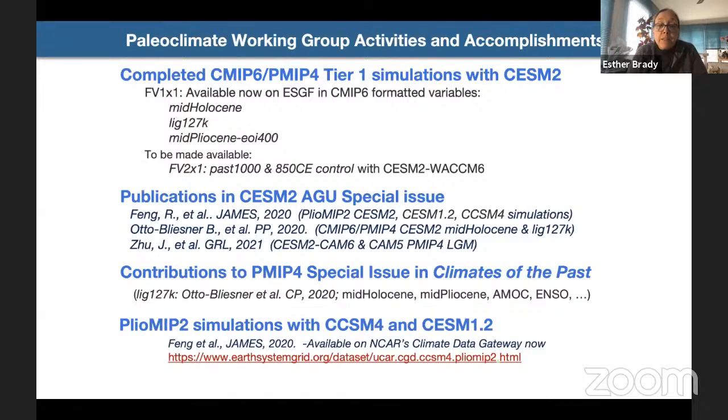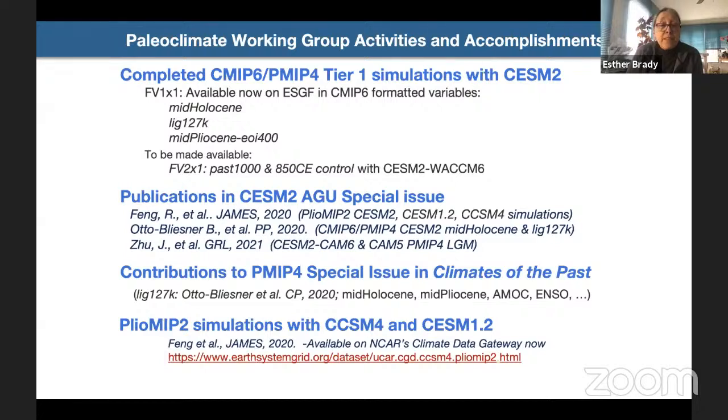Ren Feng has documented the PlioMIP2 mid-Pliocene simulation in JAMES. This paper also compares the earlier versions of CESM, also run with the PlioMIP2 boundary conditions.